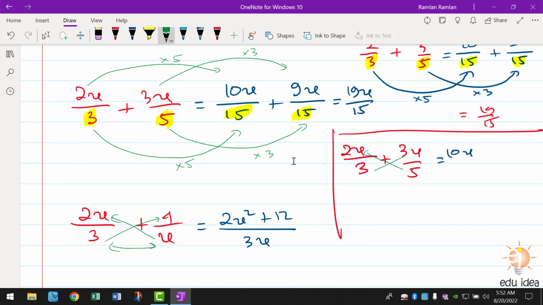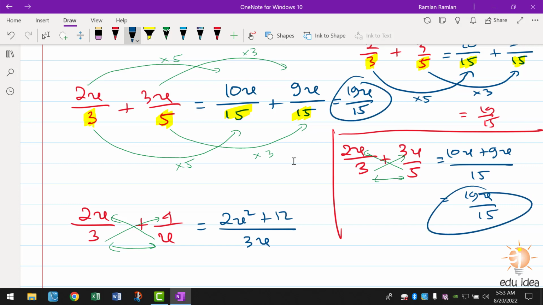And then we have 3 times 3x is positive, so it's plus 9x, and then the next one is to multiply these two denominators, and that will be just 15. As you can see, that 10x plus 9x in here will be equals to 19x over 15. Can you see that we have the same exact answer? So you can actually use this concept.